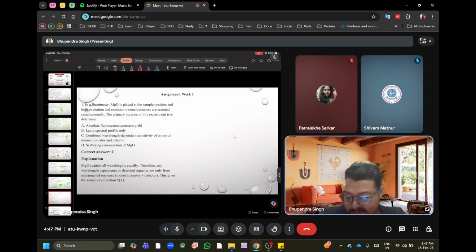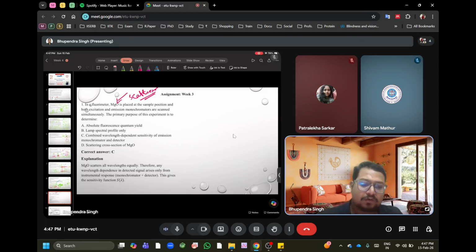MgO is a scatterer. If we are using a scatterer, it means we are somehow correcting our instrument.